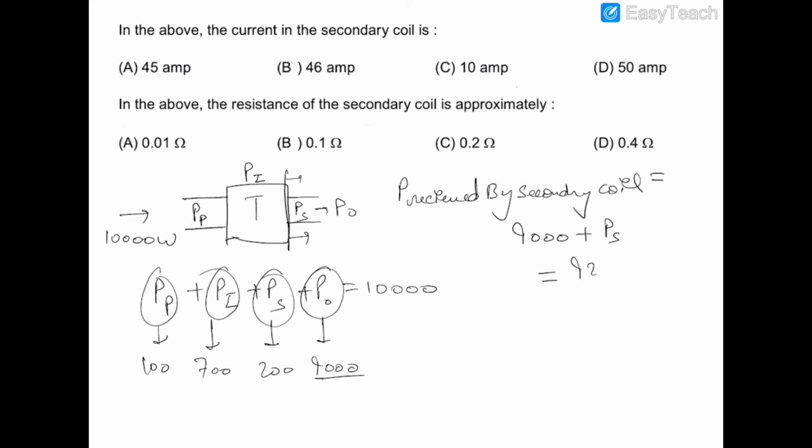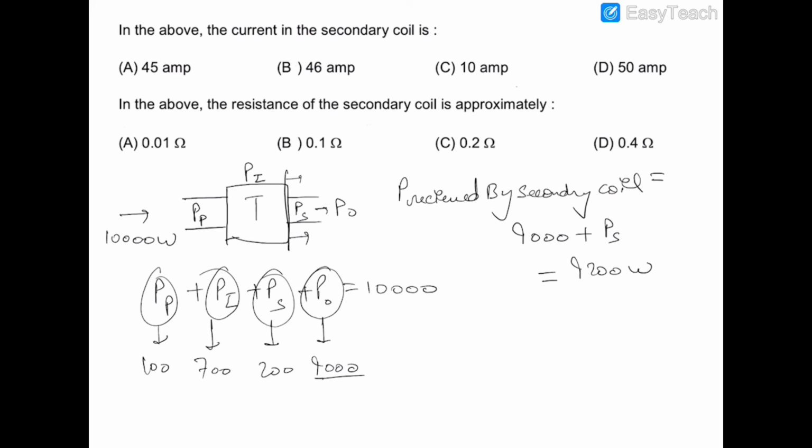So it is 9200, because after the power is received by the secondary coil, it loses 200 watts, and after losing that 200 watts, the remaining power of 9000 watts is given to the output.